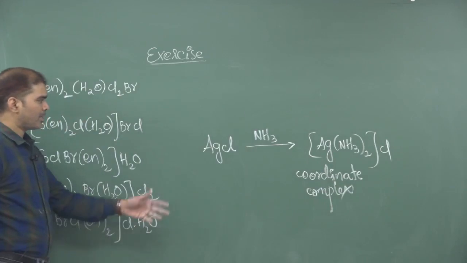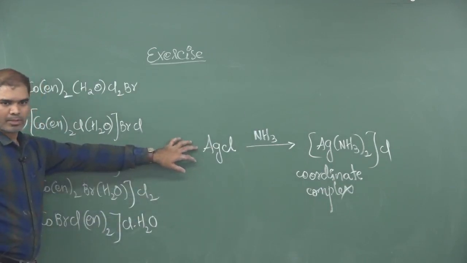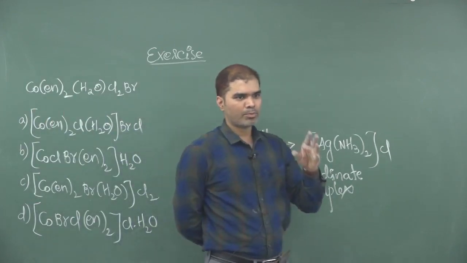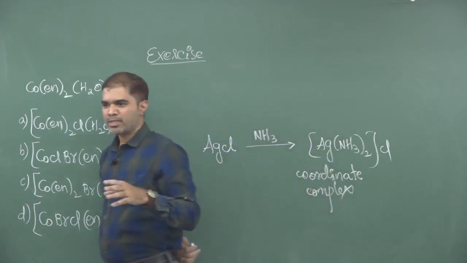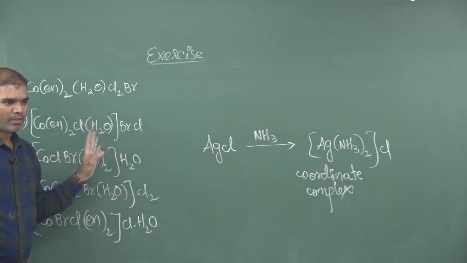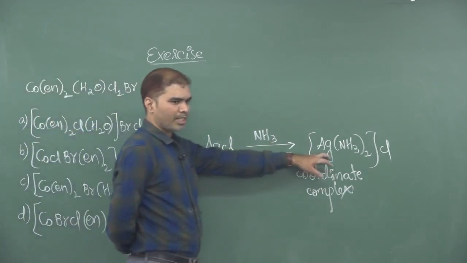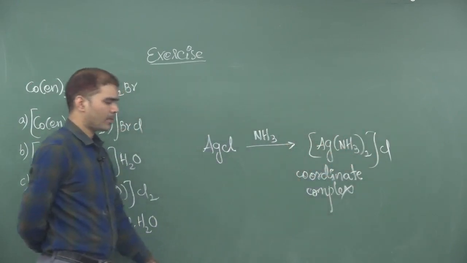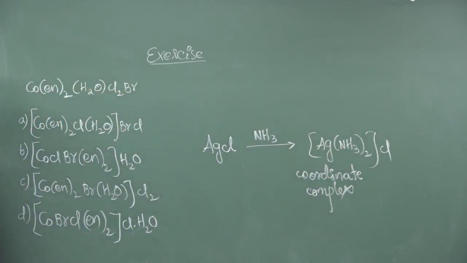So maybe at your MSc level or some other level, you might have precipitated it, but suddenly they will say to add dilute ammonia, 1:10 ammonia. You will say, why should I add dilute? I have concentrated, I'll add it. Suddenly it will be gone. So where did it go? It has formed a coordinate complex. Okay, that is your coordinate complex. So what is your option? D. D is right.